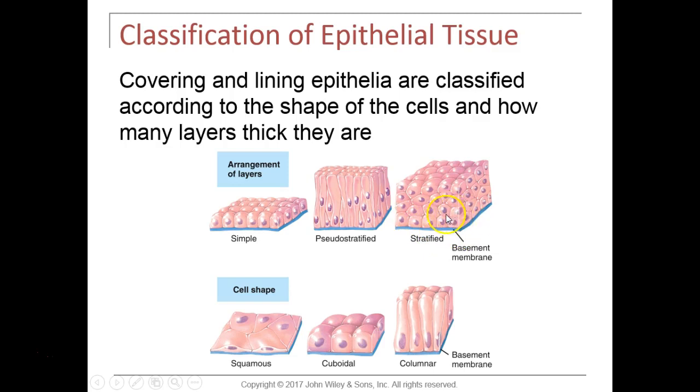All of these other cells are anchored together, though, fairly tightly with all of those junctions that we just covered. So they're anchored pretty tightly together. When you have an epithelium that is made up of multiple layers of cells, we have the word stratified in the name. So stratified epithelia are epithelia that are made up of more than one row of cells.